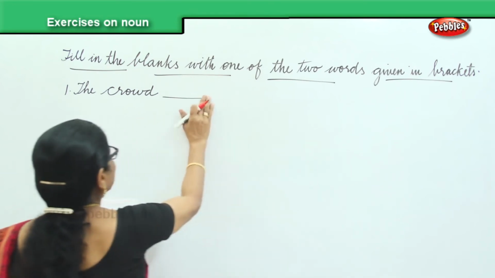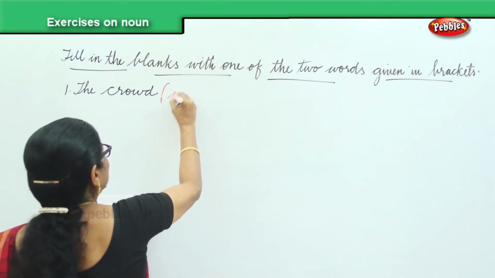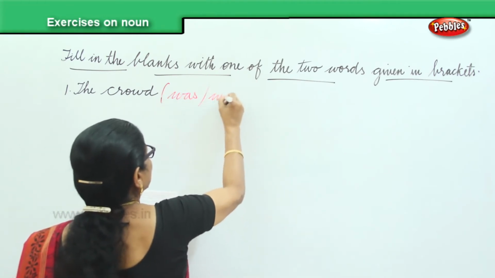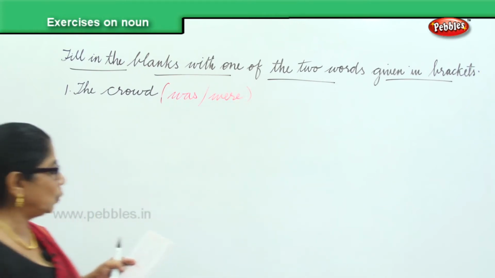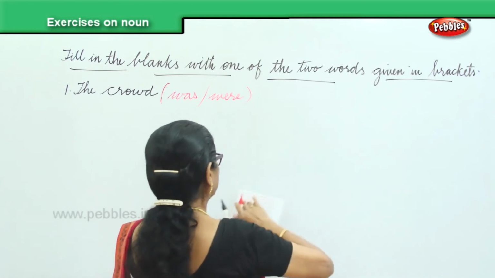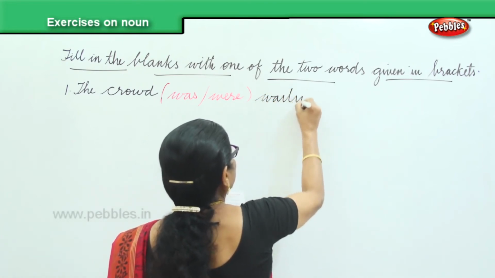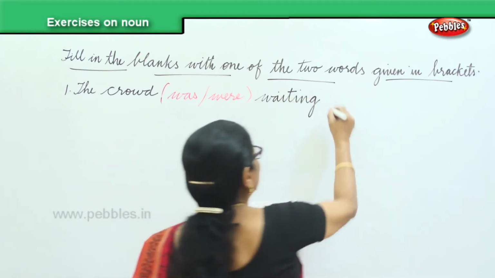Was and were. You choose one of that. The crowd was waiting for the king.